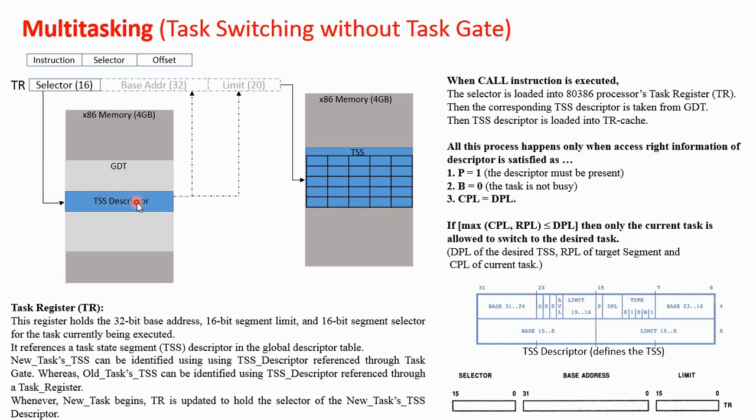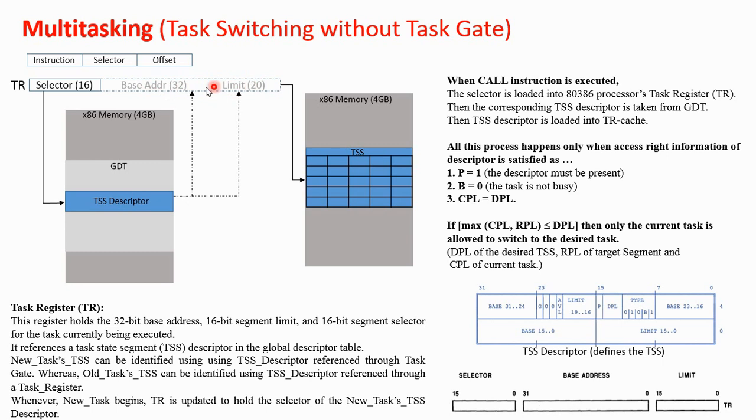These TSS descriptors' two fields, the base field and the limit field, will get copied into the task register cache part, that is, the invisible part of this task register. Both fields get copied into the invisible part. This is also called the task register's cache field.